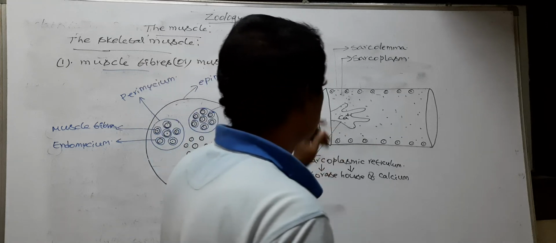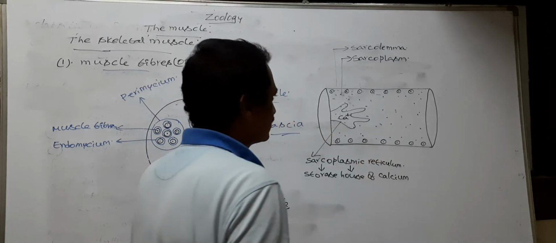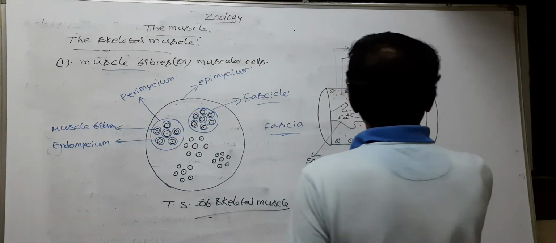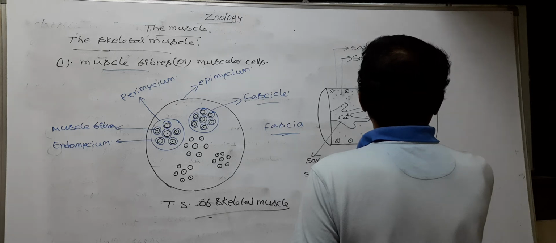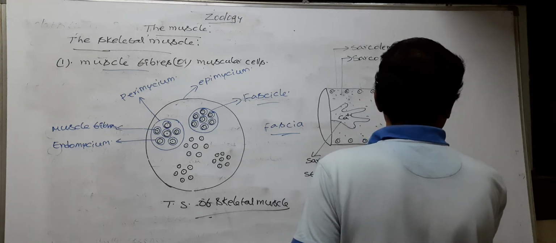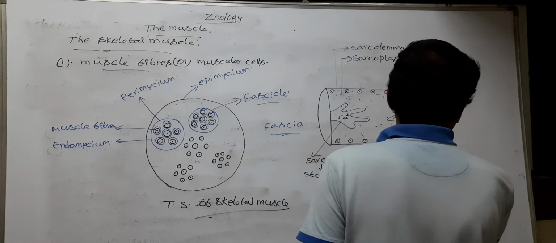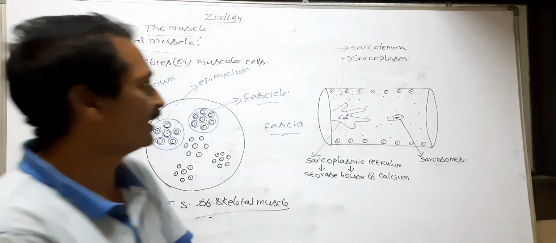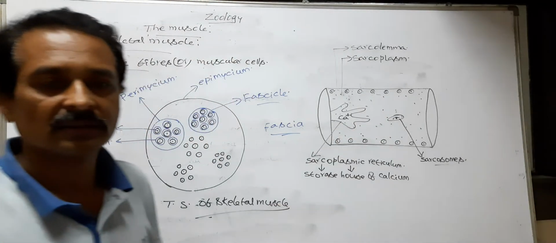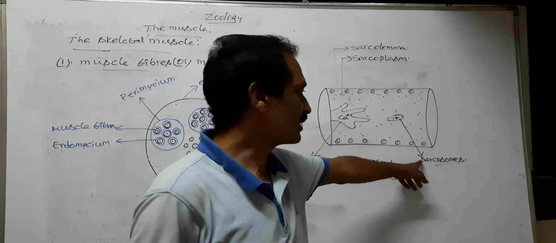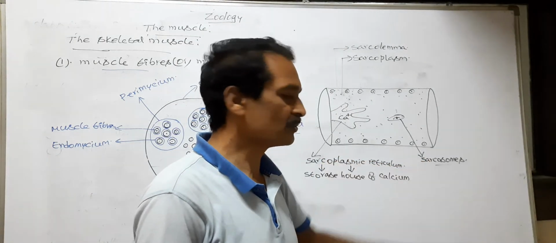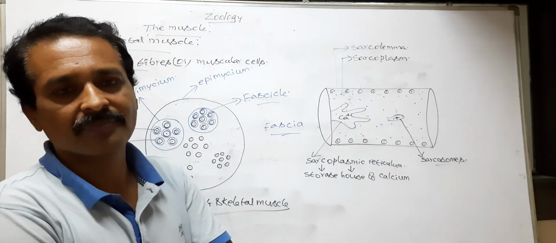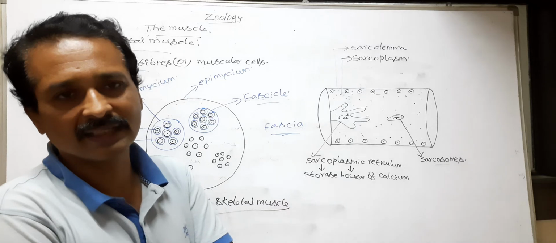Next, the sarcoplasm of the skeletal muscle fiber also contains sarcosomes. Mitochondria in the skeletal muscle cell are called sarcosomes. Generally, mitochondria are the powerhouses of the cells.